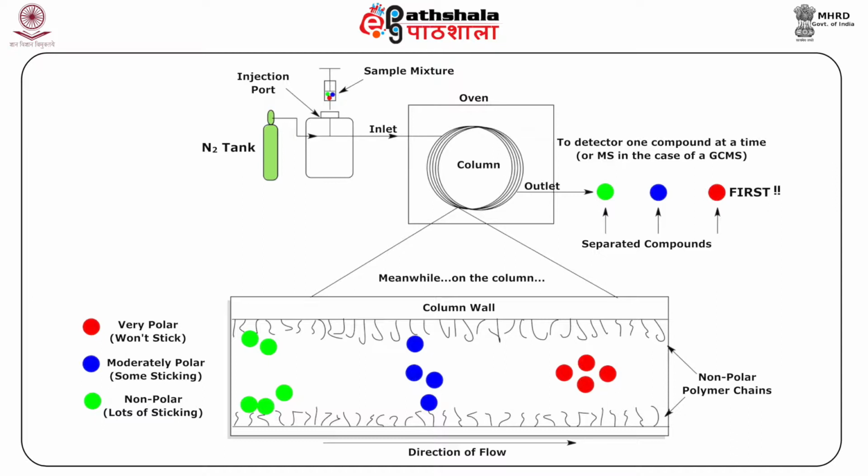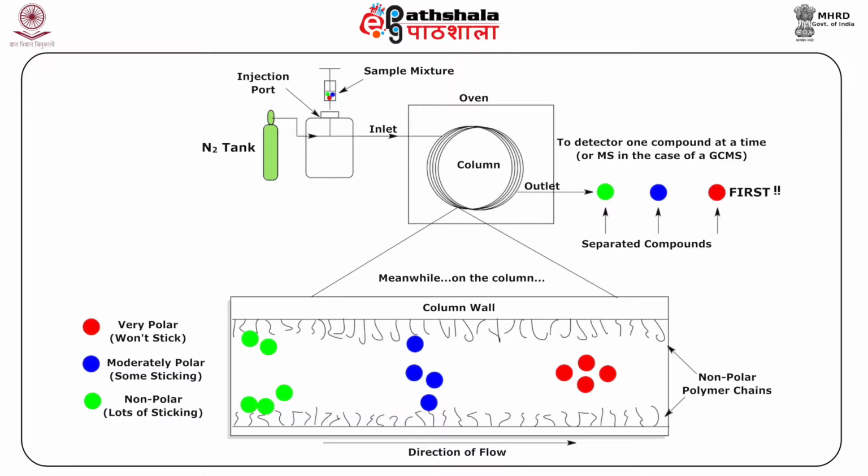And once you have injected it, you can see this is the circular column, and this is there inside the oven. If you look at the significance of the oven, you can control the heating condition and it will vaporize the liquid sample if you have added. And because it is a gas chromatography, the sample will be there now in the gaseous form.